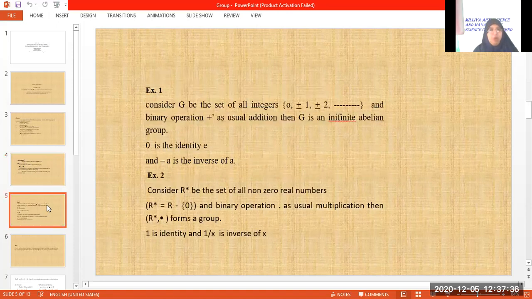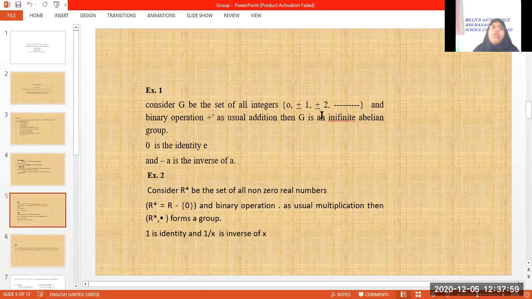Examples of a group. Consider the set of all integers, positive, negative, and 0, that is 0, plus minus 1, plus minus 2, and so on, with the binary operation addition. Then G is an infinite abelian group.